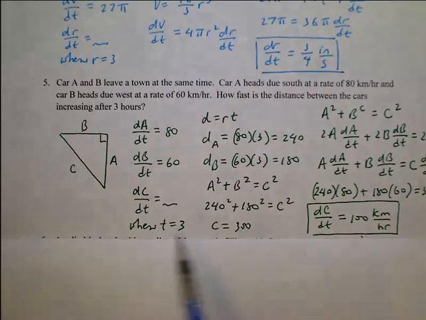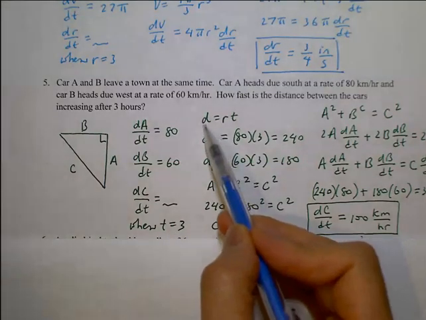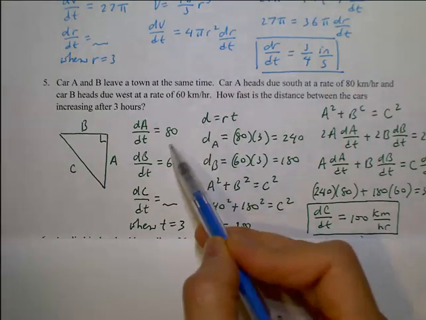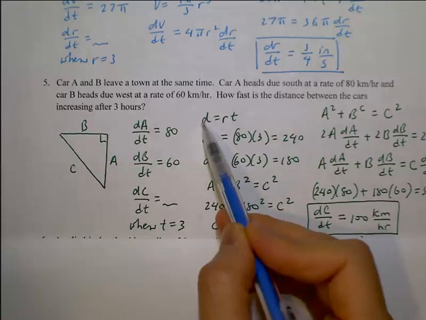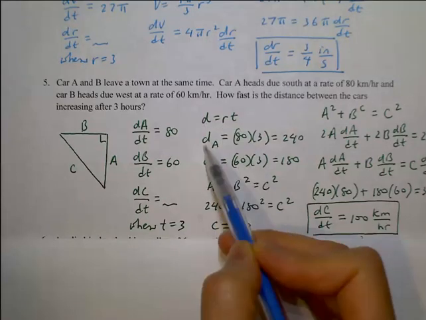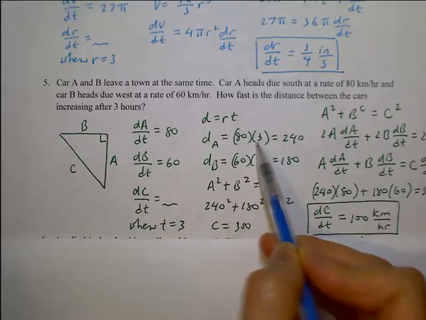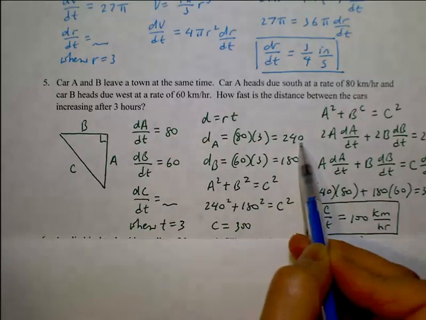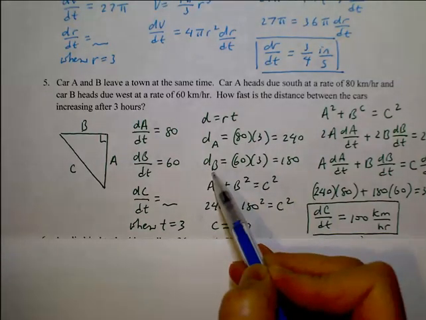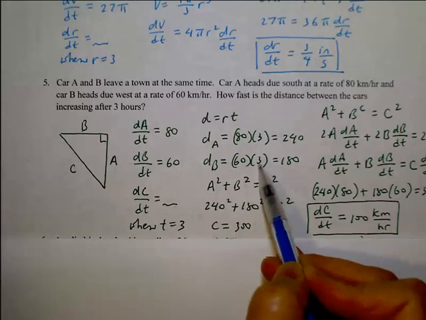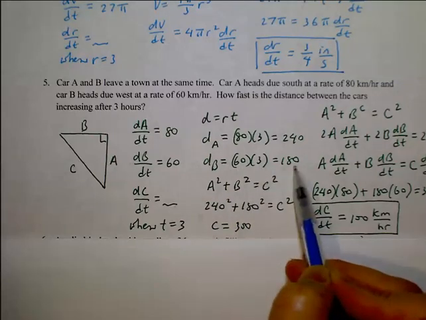So I'm going to first of all look at what is the distance going to be for each of the cars. So the distance formula is rate times time. So the distance for car A is going to equal 80 times 3, so that will be 240. The distance for car B is 60 times 3, and that is 180.